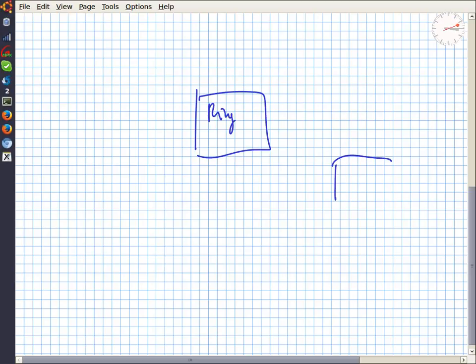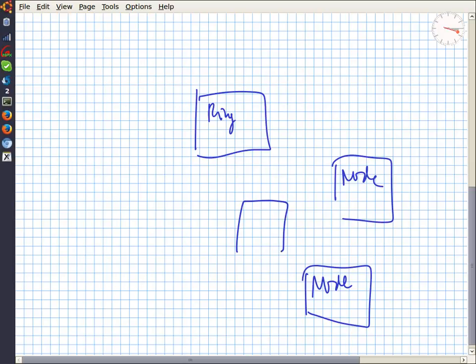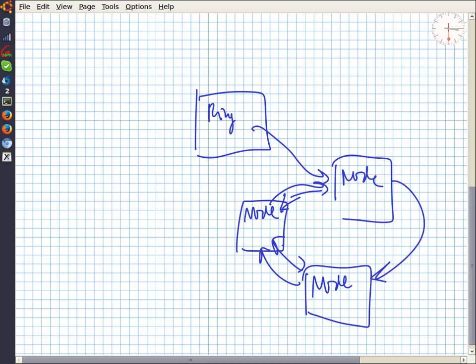So ring, I guess something like this. And then like this. Some people even drew like the little boxes inside here, but they didn't hook them up to the arrows.